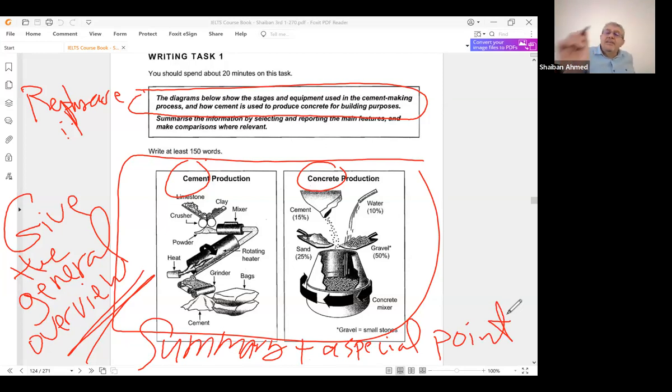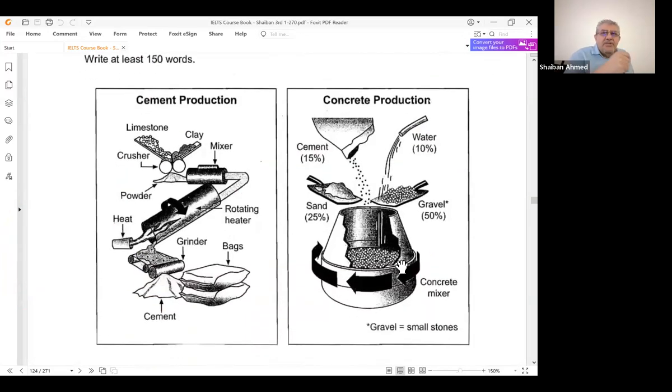If you look at the diagram in front of you, cement production, yes, we said general overview. It's about time, size, place. So big changes, small changes. What about the cement and concrete production?